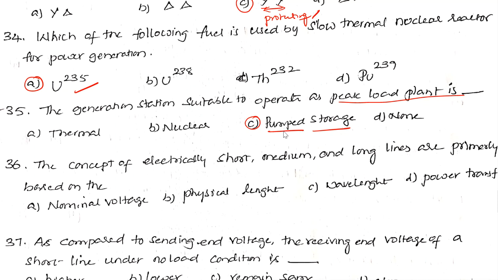Because during normal conditions, the water flows from the higher to the lower level, and during peak load conditions, the water from the lower level is pumped back to the top dam. This is done with the help of pumped storage power plants. Thermal and nuclear are the base load power plants.